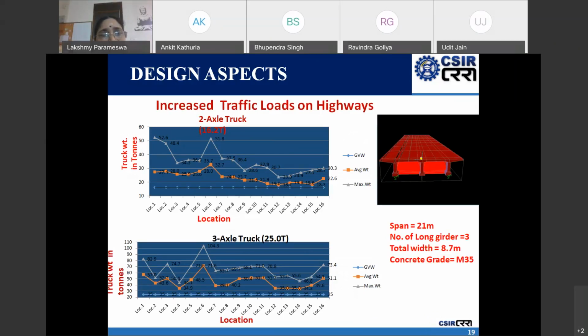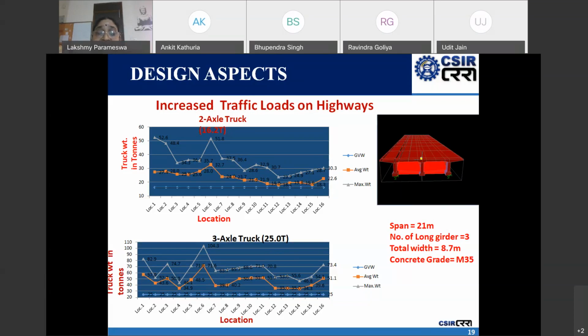Now, we have different types of trucks which are plying on the highways. Earlier it was 2-axle trucks, and now more 3-axle trucks are there, and then 4-axle, 5-axle, that is multi-axle trucks. What I want to say here is that these trucks are overloaded, and overloading of the trucks, I think we are not able to control or implement properly.